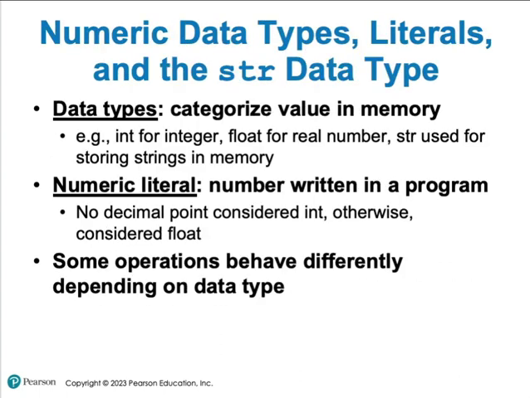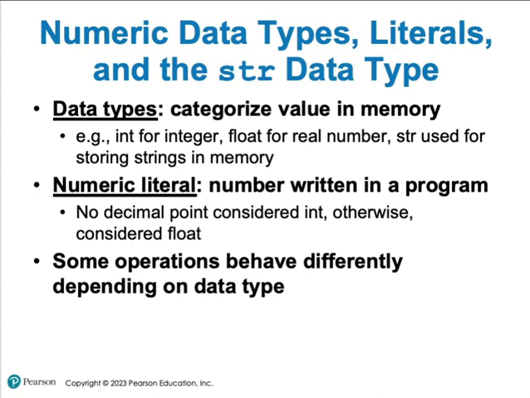Data types refer to the type of data you're representing. So we have integers, which are represented or converted to using int. For real numbers that have decimal points, that is a floating data type. A string, or str, is used for strings that are stored in memory.